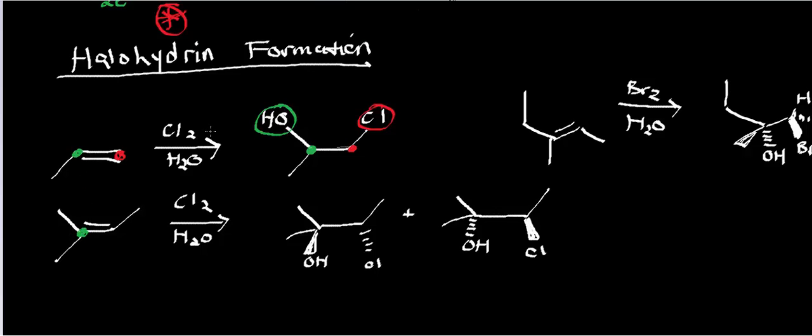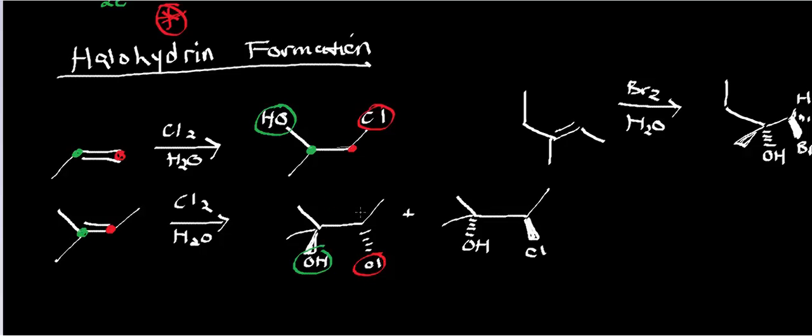The right one has only one, and again, it's the least substituted. So we would expect the alcohol to add to the more substituted, the left side, and then the chlorine or the halogen, whichever one we're using, in this case it is chlorine, adds to the right side. So here's the general rule of thumb with this type of reaction.